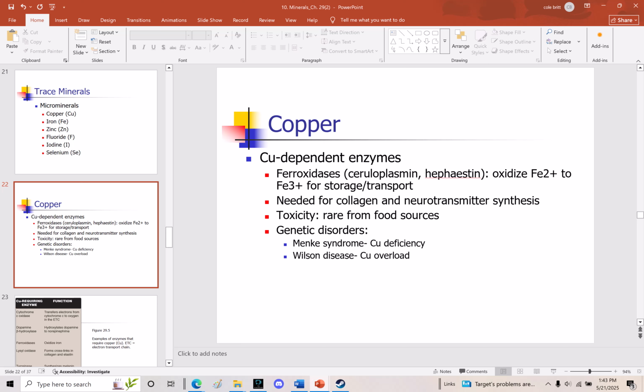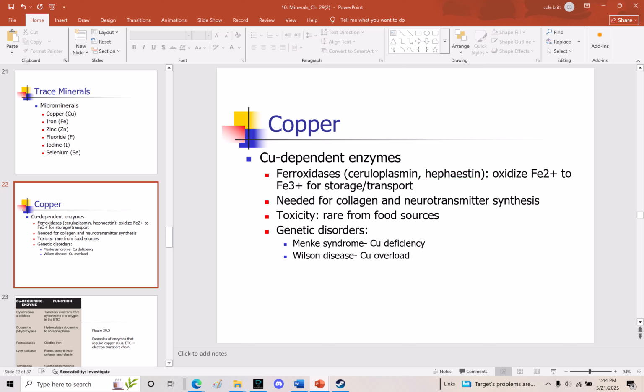For example, I think it's epinephrine, norepinephrine, collagen. The enzymes that make these need copper. But these other two, peroxidases and electron transport chain, are up for grabs. This could be on the exam.